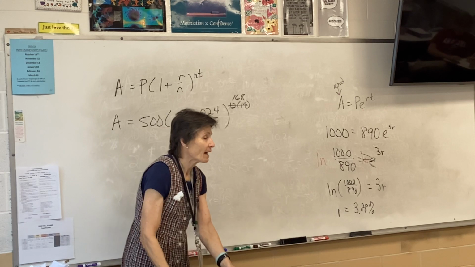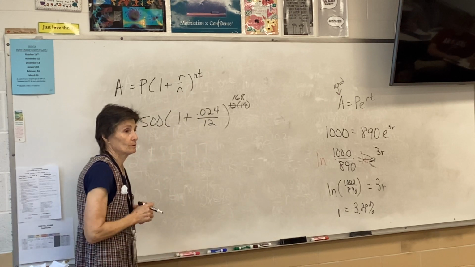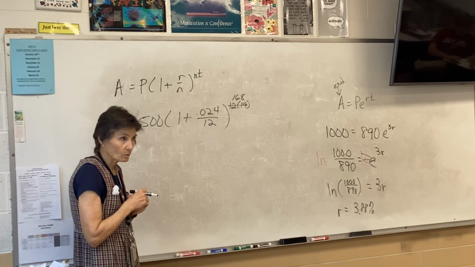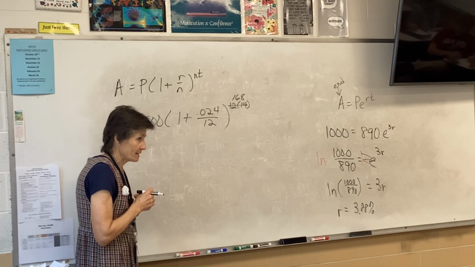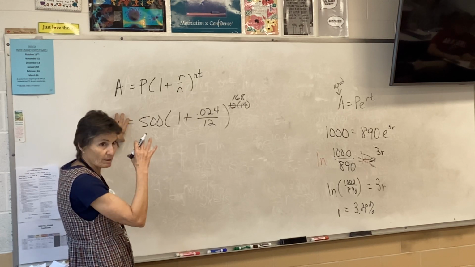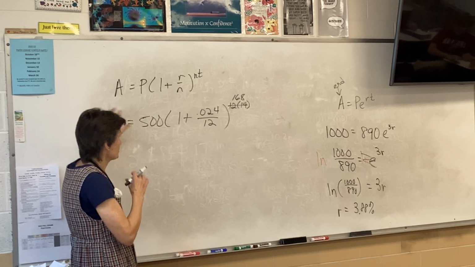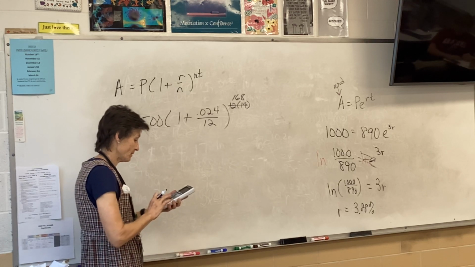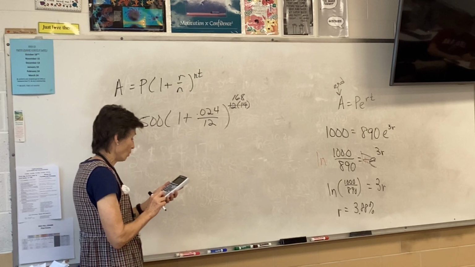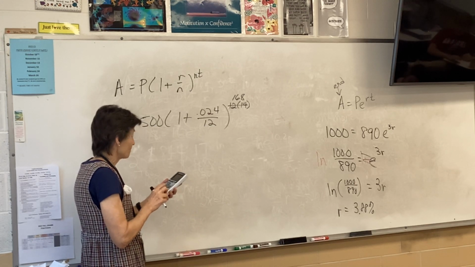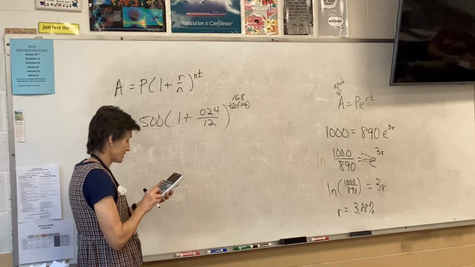Now, you gotta think about how you're gonna figure this out. Are you going to need logarithms? No. You're not going to divide by anything. Isn't your variable already by itself? This is like the perfect problem. Just type it in. So 500 parentheses, 1 plus 0.024 divided by 12, raised to the 168.